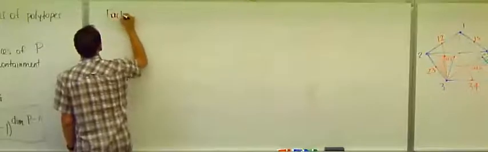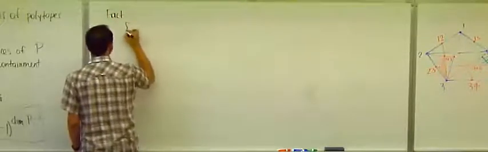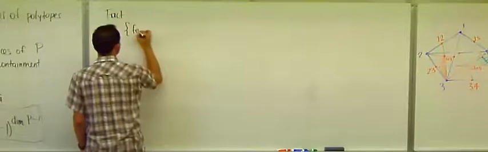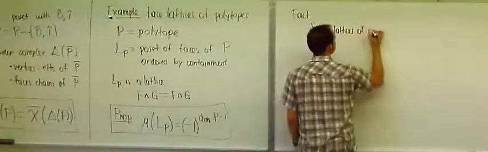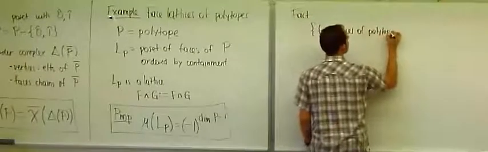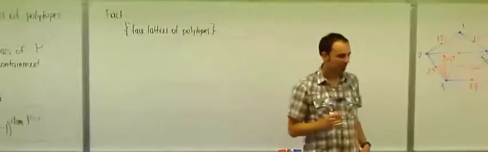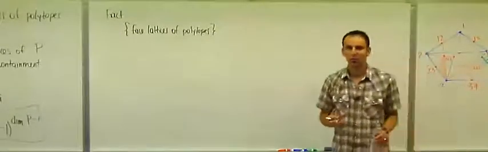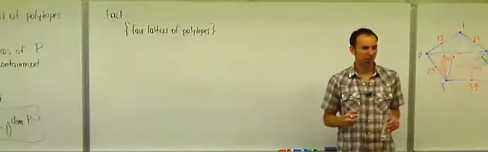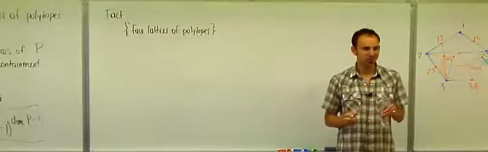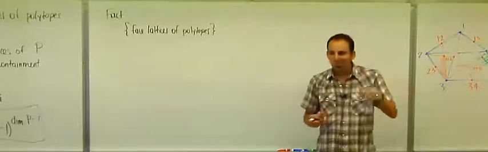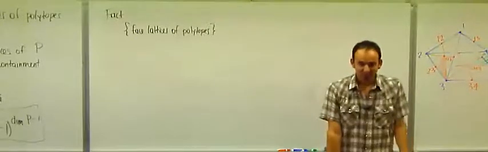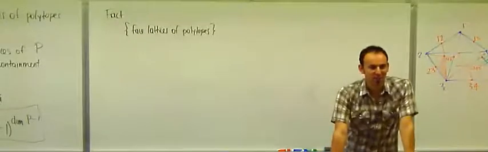Here's a nice fact. If you look at face lattices of polytopes, that's a family of posets. Now, when you have a family of posets, and you have been thinking about Hopf algebras for a whole semester, what should be the first question that you ask about your family of posets? Is it what we call a hereditary family?